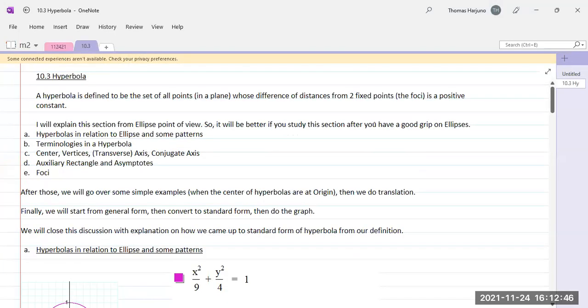The reason I cover this in more detail this time is that conic sections like circle, parabola, ellipse, and hyperbola are supposed to be covered in intermediate algebra or algebra 2, but they are placed in pretty much the last section, just like in our textbook. Conic section is actually in the last chapter, right?